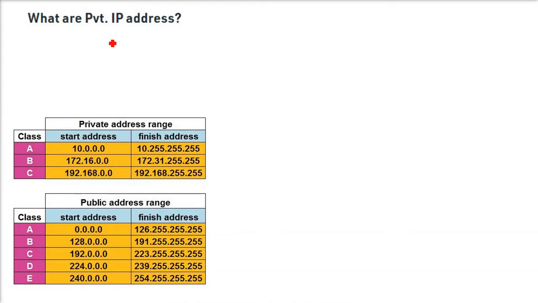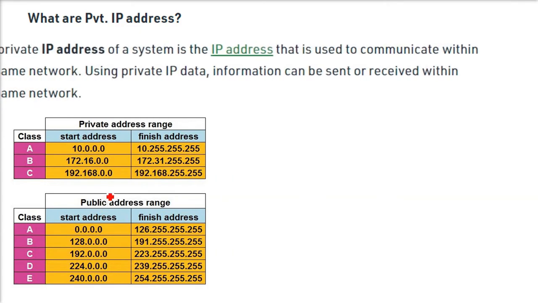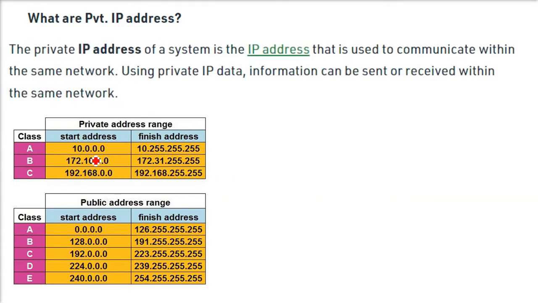What are private IP addresses? Now there is a range of private addresses and public addresses. The private IP address of a system is the IP address that is used to communicate within the same network. So if you're talking about your network, say in your office, then it will be an IP address called a private IP address.